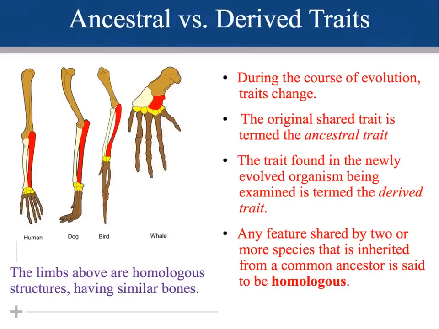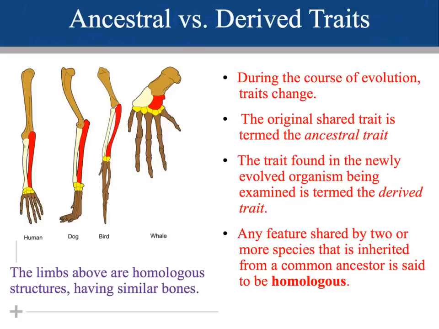During the course of evolution, traits do change, but the original shared trait is always called the ancestral trait. If this trait is found in a newly evolved organism, it is called a derived trait. So it tells you that this particular feature comes from the common ancestor of the organism you're looking at.